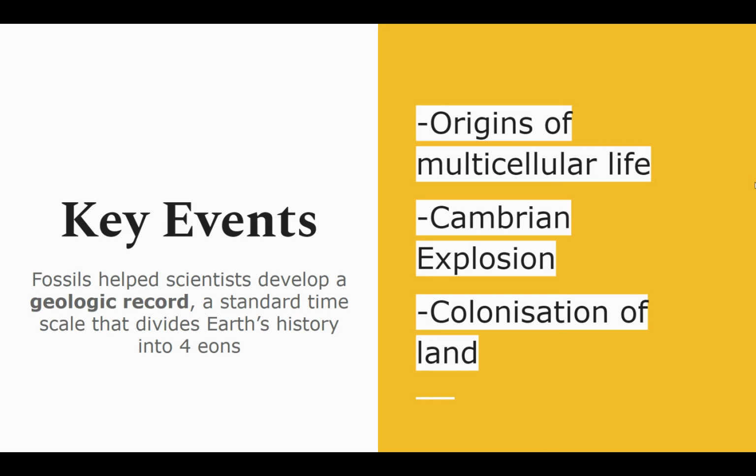This time scale lets us be like, okay, 300 million years ago, that's this time, or that's this eon, right? And we can have big key events in that geologic record to help us piece things together. The three we're going to talk about are the origins of multicellular life, the Cambrian explosion, and the colonization of plants.